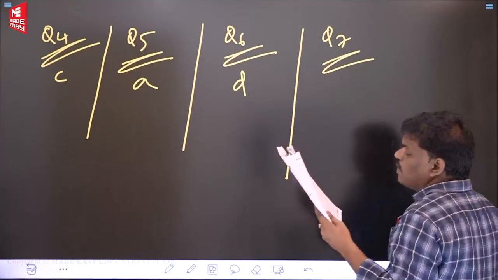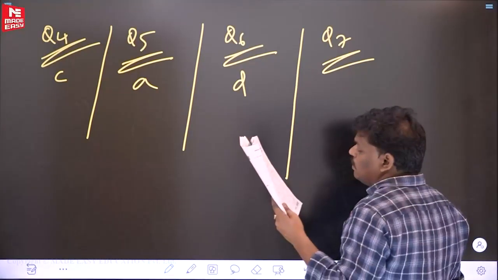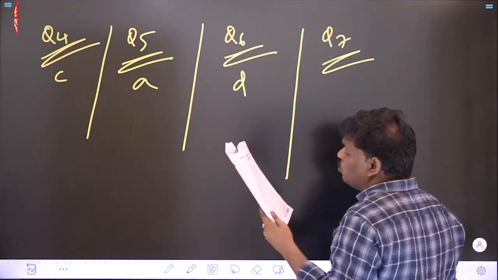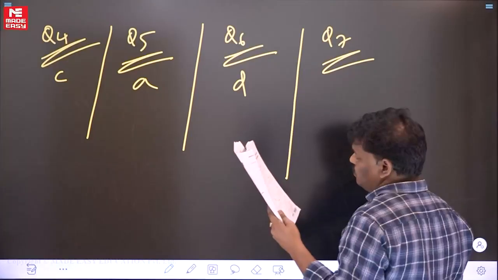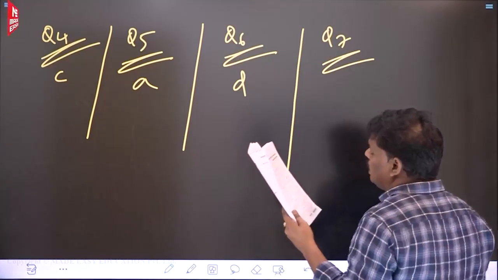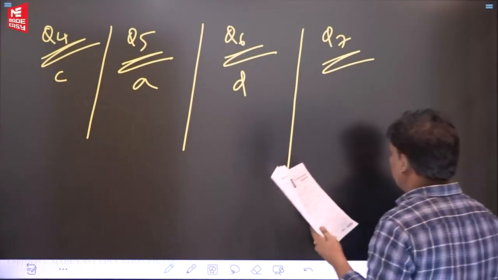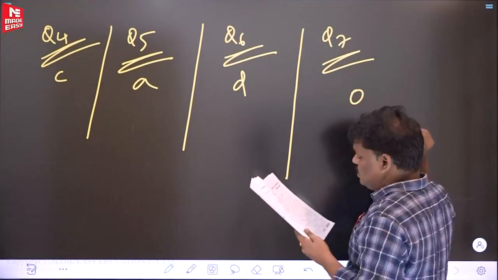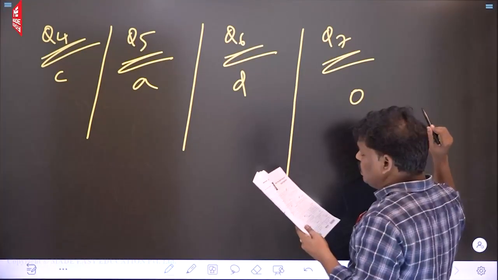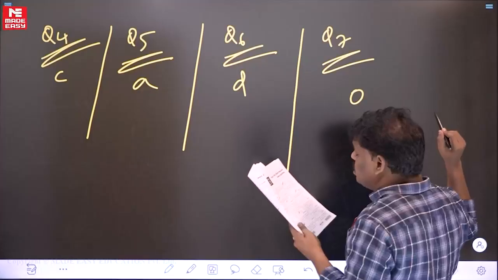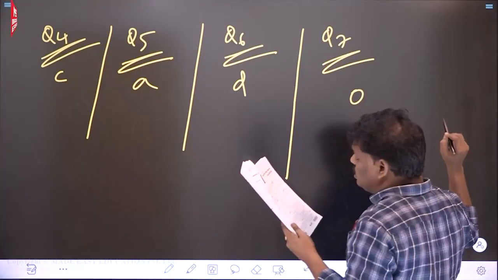So what is question number 7 saying? The number of leaf nodes in a rooted tree of n nodes, where each node contains 0 or 3 children. Rooted tree of n nodes, where each node has 0 or 3 children.